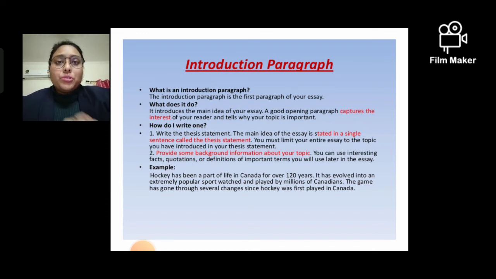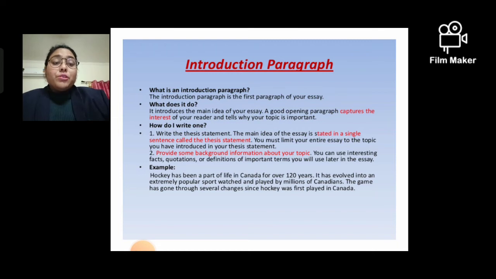In short, introduction means like you give your introduction. So here also the introduction paragraph is the first paragraph, and in it you give the initial thesis, or you clear your main point. You give a clear idea to the reader of what you are going to discuss in the essay.